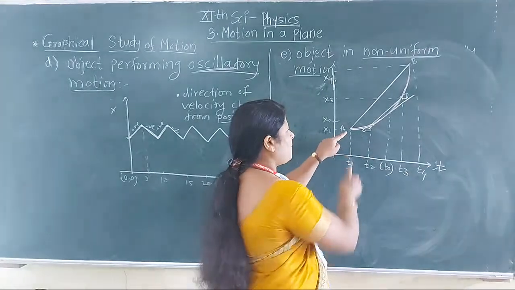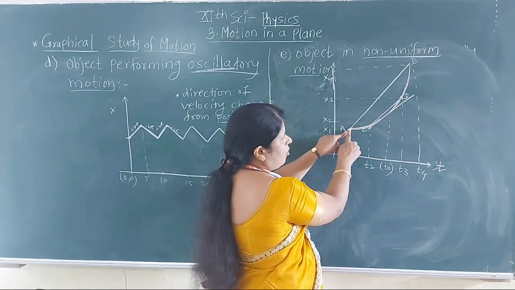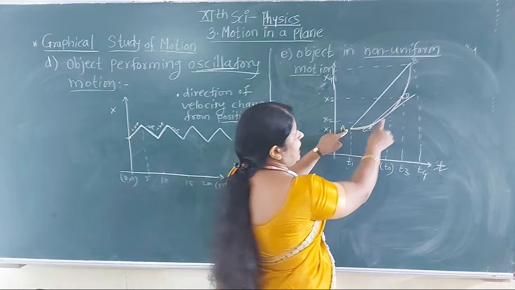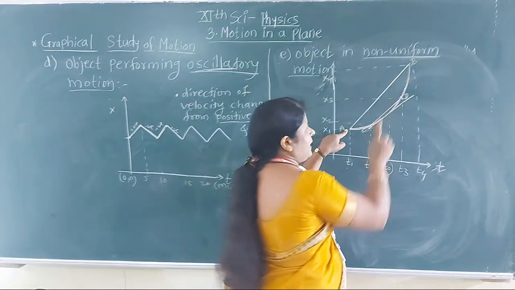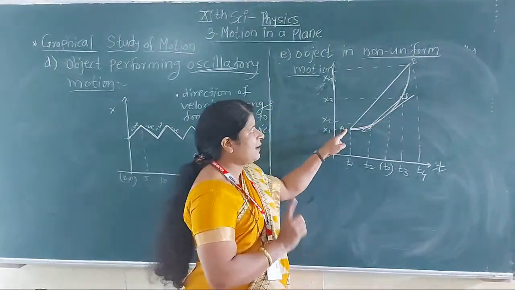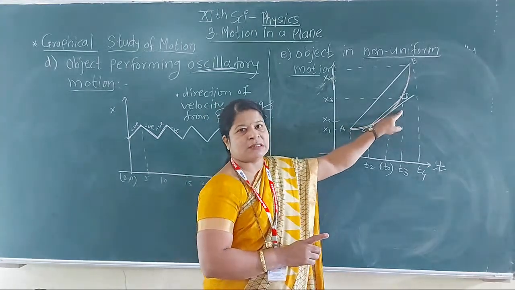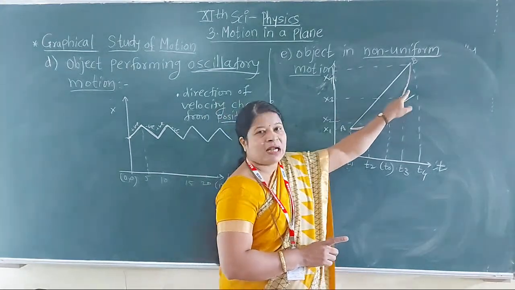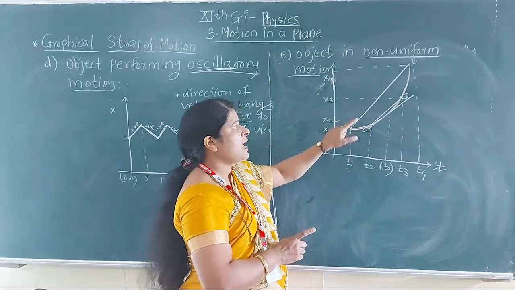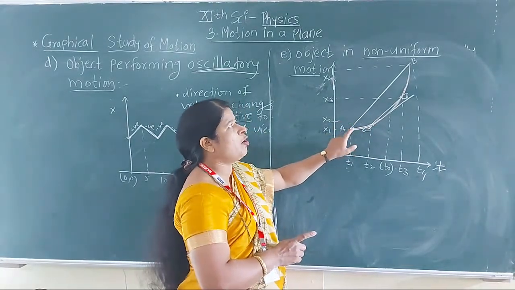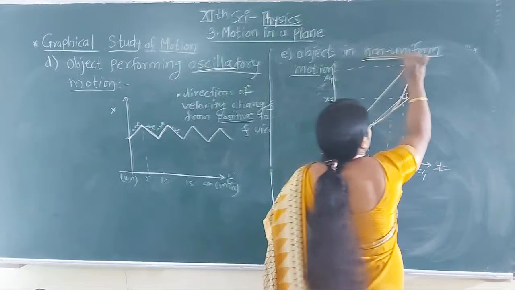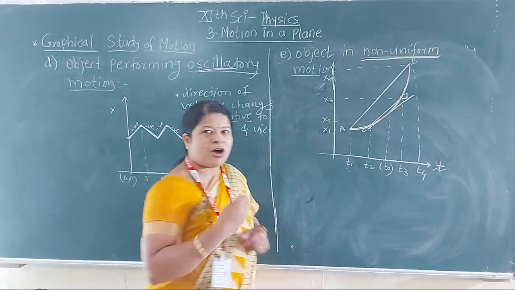So the particle or object that starts from A and stops at point B travels different path distances, and this motion of the object we call non-uniform or non-linear motion of that object.